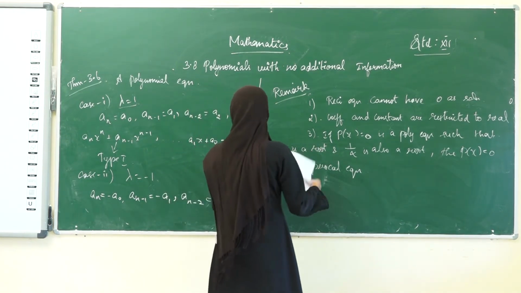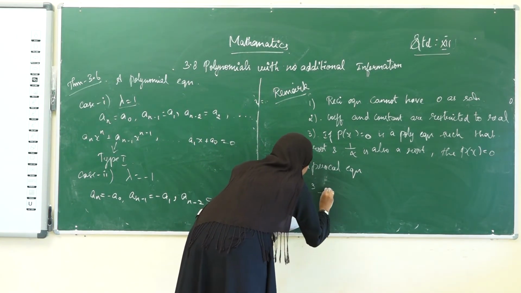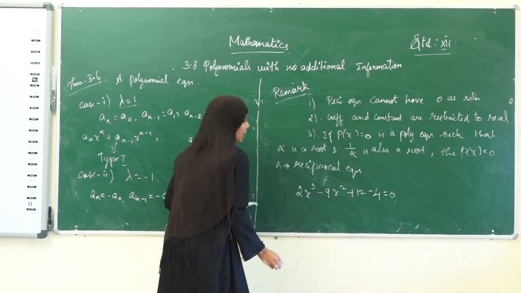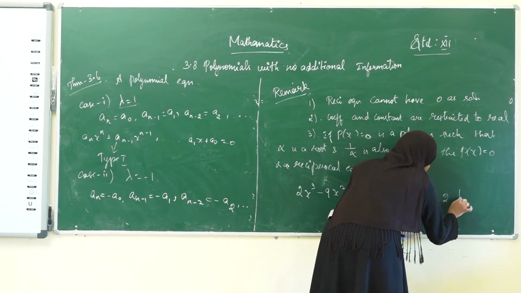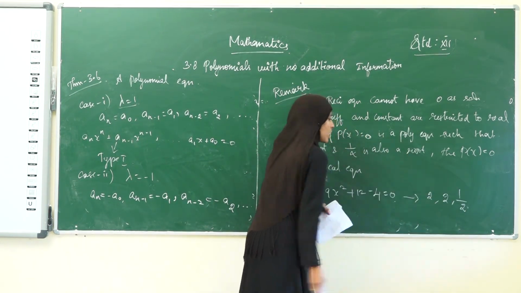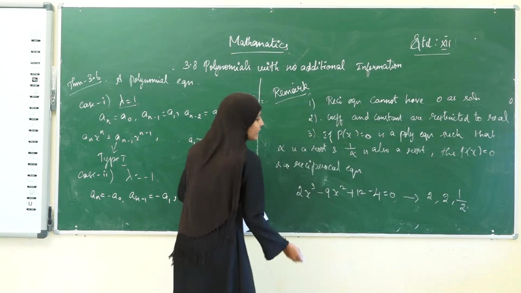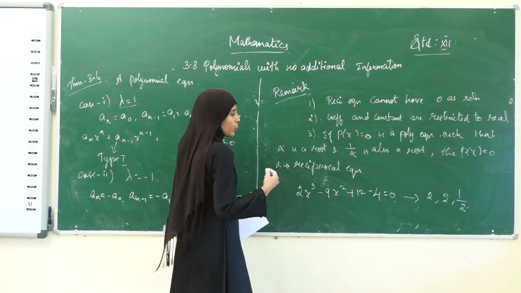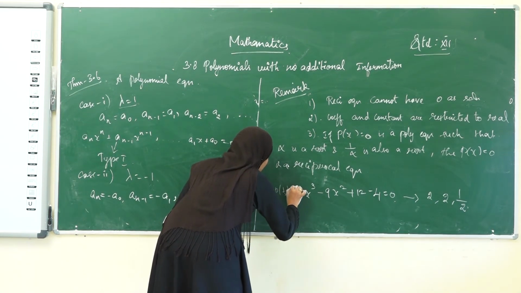For example, let us consider the equation 2x cube minus 9x square plus 12x minus 4 equal to 0. See, here it is a cubic equation. The roots of this equation are 2, 2, 1 by 2. That is, two of its roots are in the form of alpha and 1 by alpha, right? Is this a reciprocal equation? What is the condition that we have to prove for a reciprocal equation? That is, x power n into p of 1 divided by x is equal to plus or minus p of x.